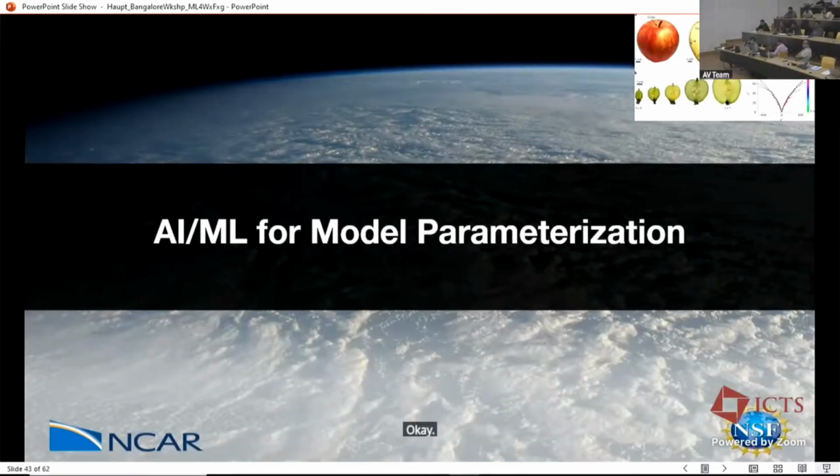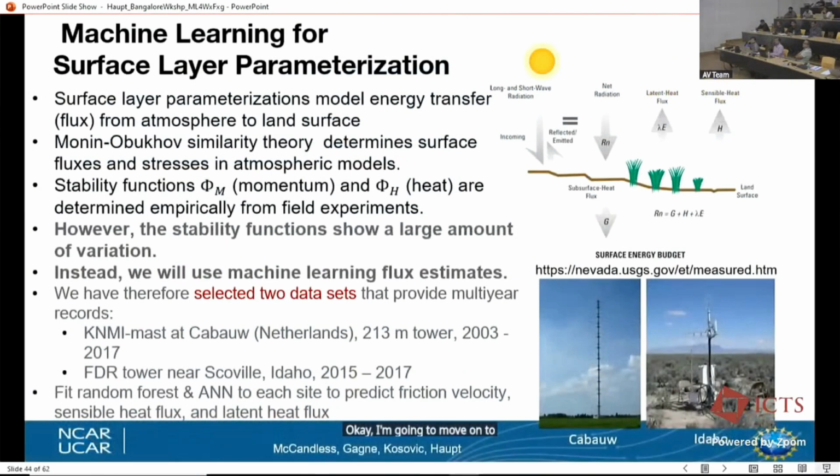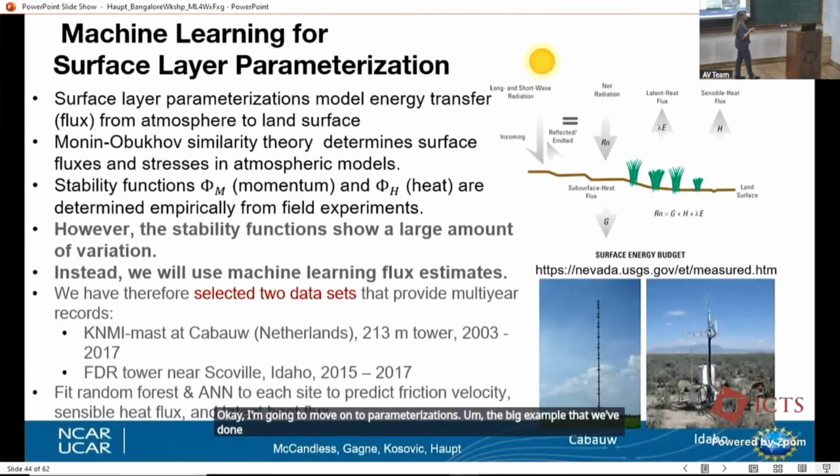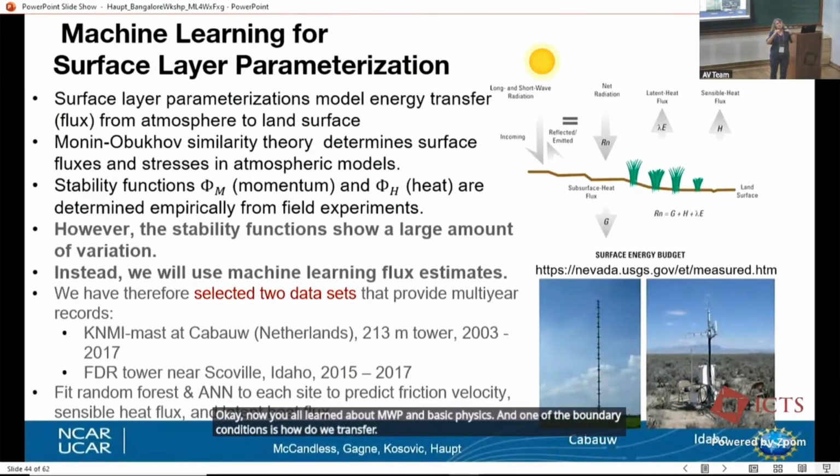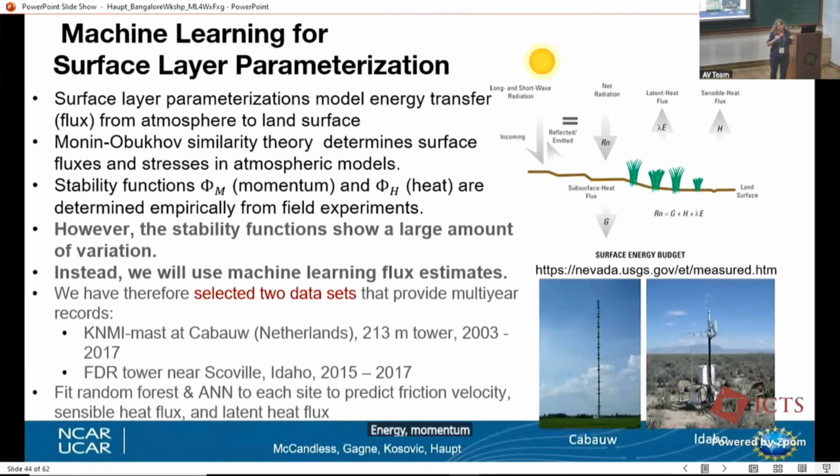Okay, I'm going to move on to parameterizations. The big example that we've done at NCAR is machine learning for the surface layer parameterization. Now you all learned about NWP in basic physics, and one of the boundary conditions is how do we transfer energy, momentum, and latent heat across the surface?